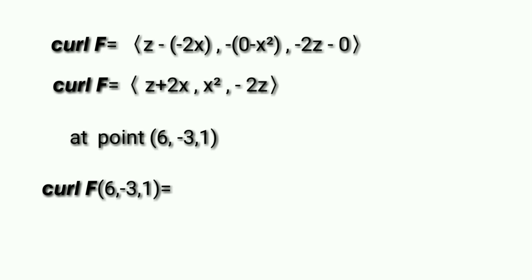It's going to be 1 plus 2 times 6, that will be 13. The y component is going to be x squared, that will be 6 squared or 36. And the z component is negative 2 times z or negative 2 times 1. We now get the value of each component of the vector.